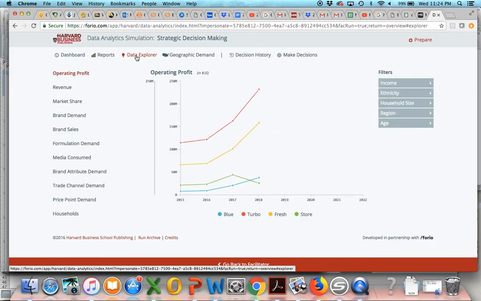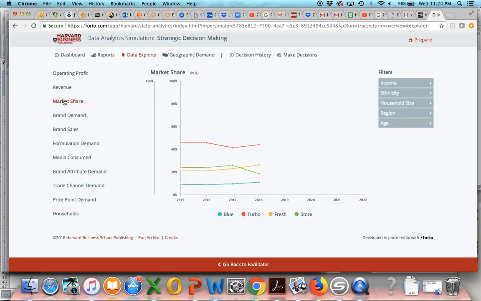Data Explorer, this gives you even more information to drill into, more detail to help you try to decide what you're going to do. So profit and revenue, the market share, these are some of the dashboard items that you might be able to see a little more in detail.